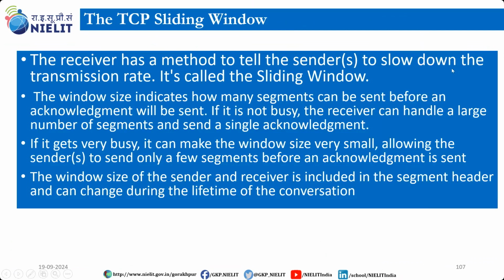But UDP does not have any sliding window method. So with the help of the TCP sliding window protocol, the sender and receiver can adjust the window size. They can reduce the size, they can increase the size to increase their transmission rate, or to slow down their transmission rate. And on the basis of the default window size, an attacker can predict, can guess the operating system running on the target machine.